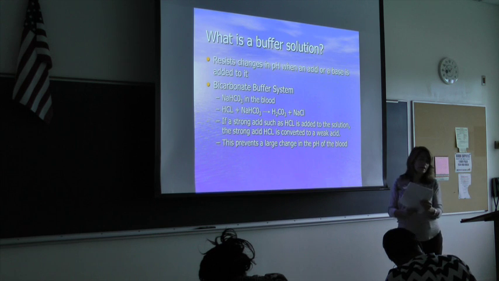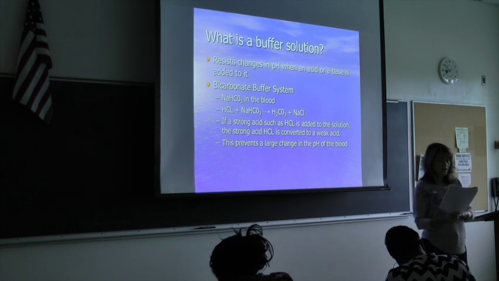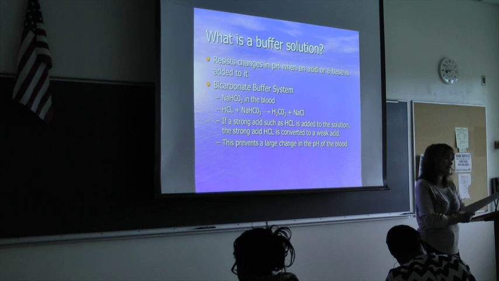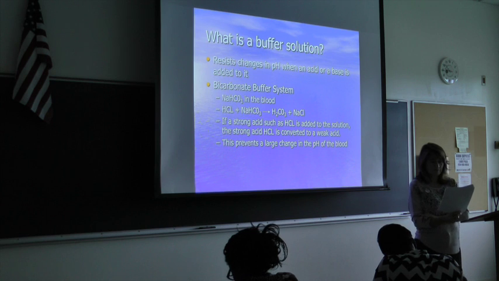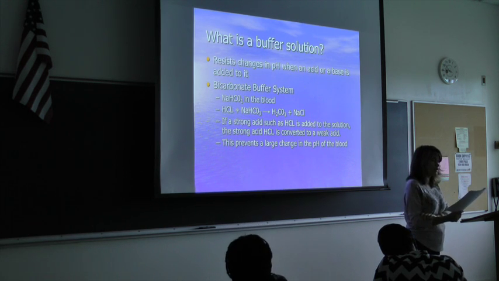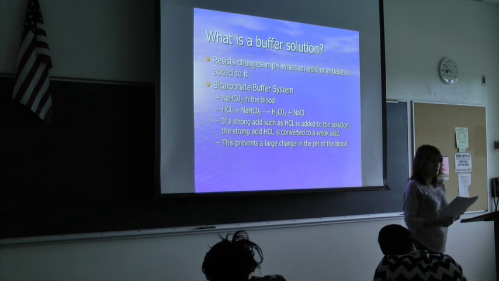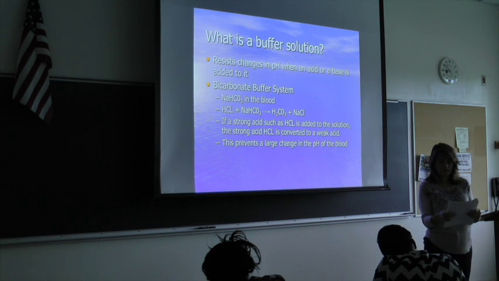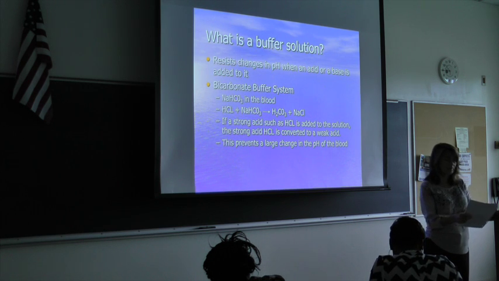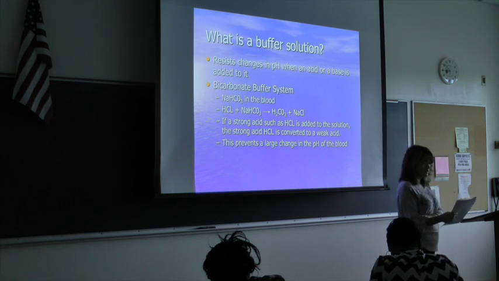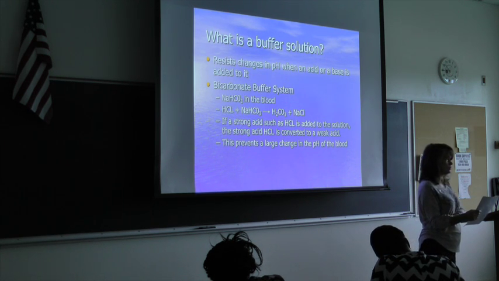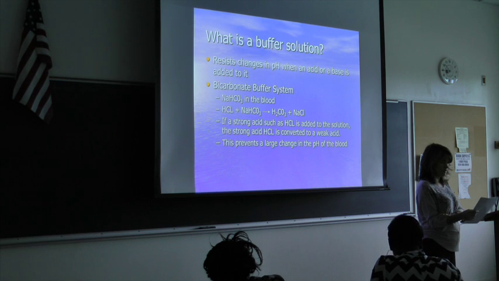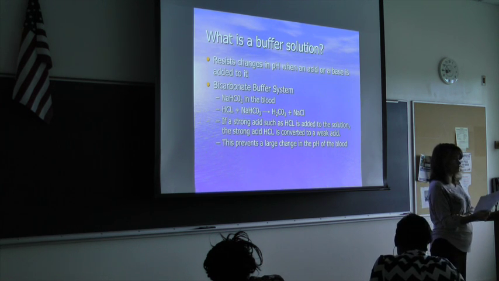So to write a summary on your notes, carbonic acid, and you can write down H2CO3, or you can write down carbonic acid, is very important in maintaining a normal pH in the blood.